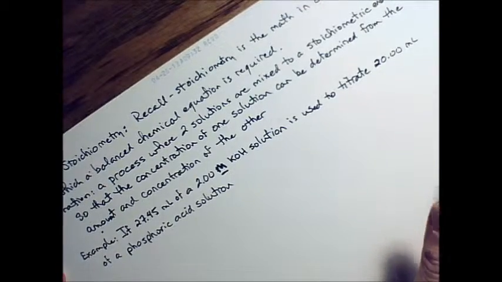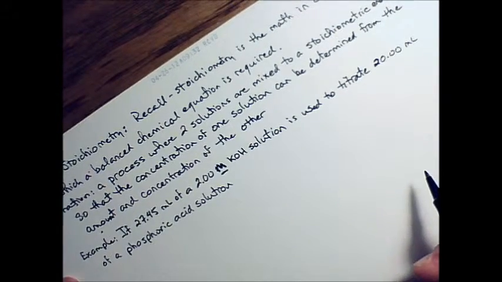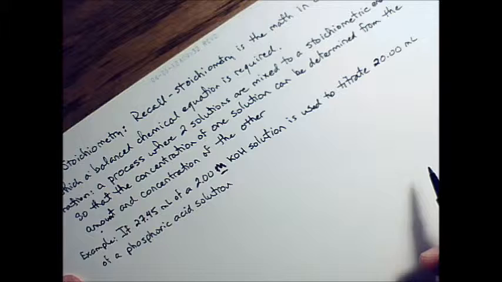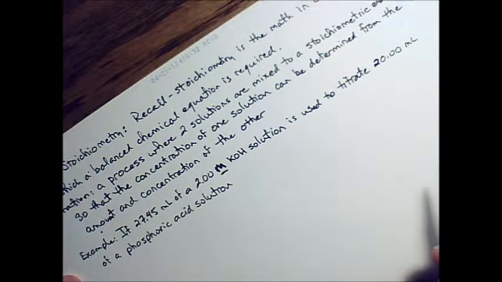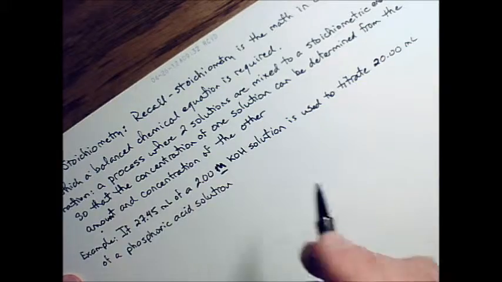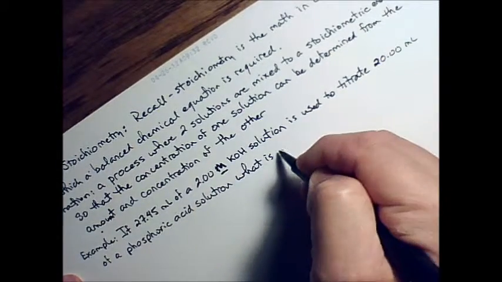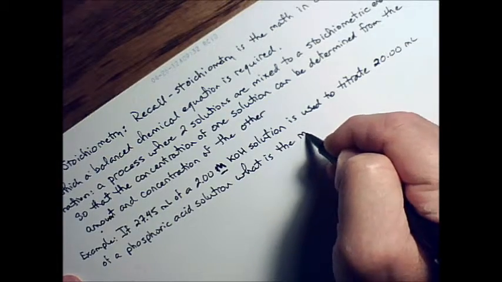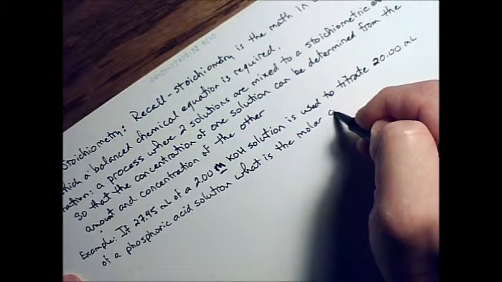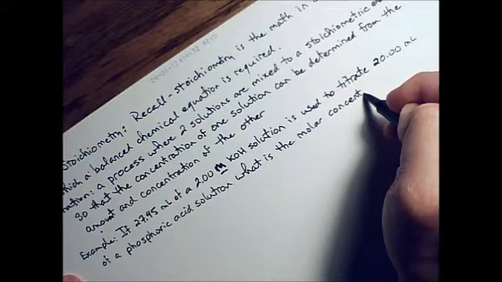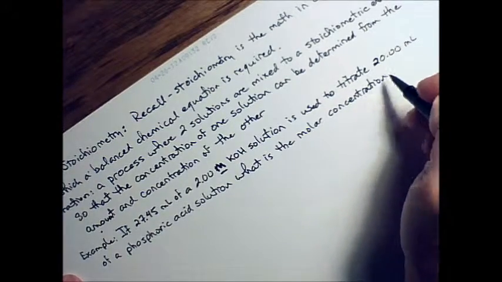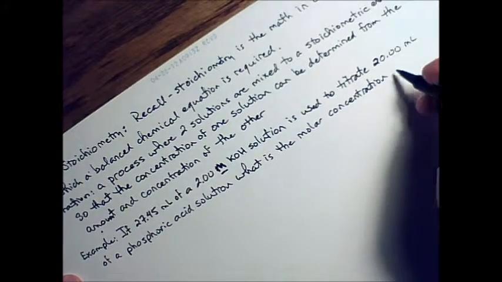If 27.45 milliliters of a 2 molar KOH solution is used to titrate 20 milliliters of a phosphoric acid solution, what is the molar concentration of the acid?